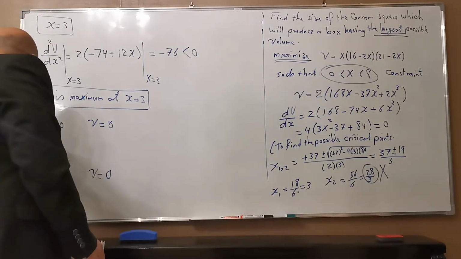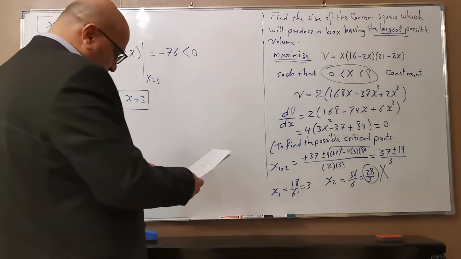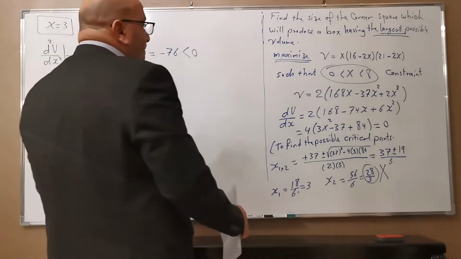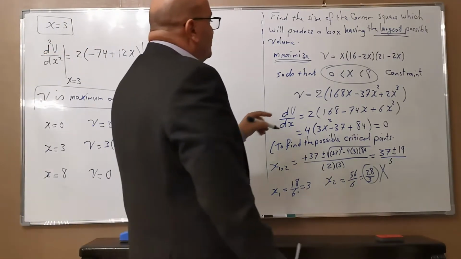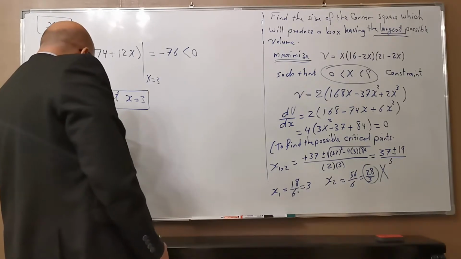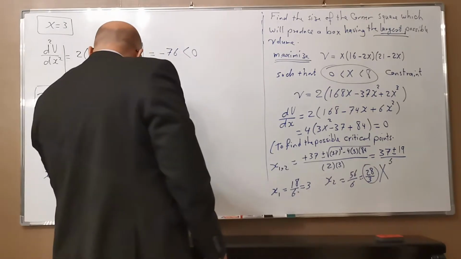If you take x in between, which is equal to 3, which should be a maximum, then you will have v equals x, which is 3, times 16 minus 2 times 3, 6, that is 10, times 21 minus 6, which is 15.